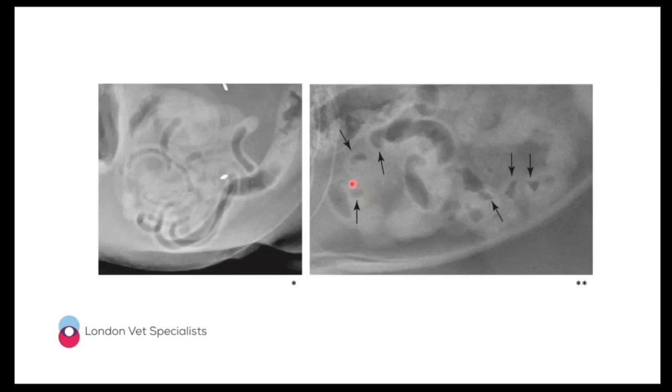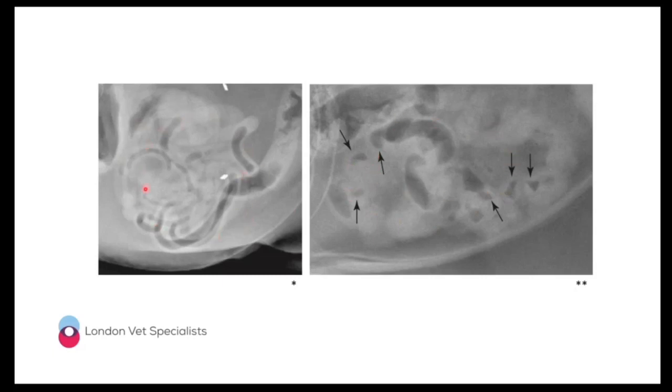If you have an abdomen that looks more like the radiograph on the right, where you've got these focal discrete gas lucencies that are a little bit comma-shaped, then that's when you need to be concerned about a linear foreign body. So this is a cat that has a linear foreign body. It has discrete, focal, clearly marginated, comma-shaped intraluminal areas of small intestinal gas, and that's abnormal, and that's compatible with a linear foreign body.